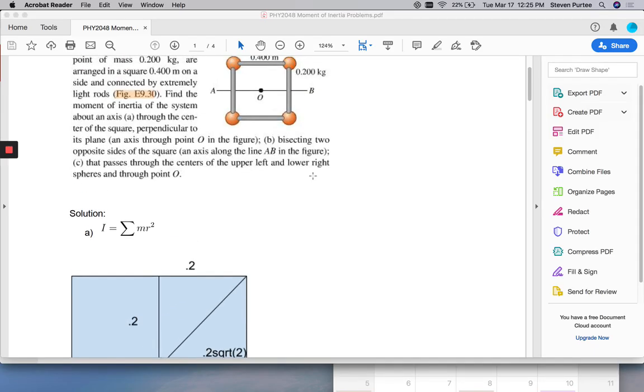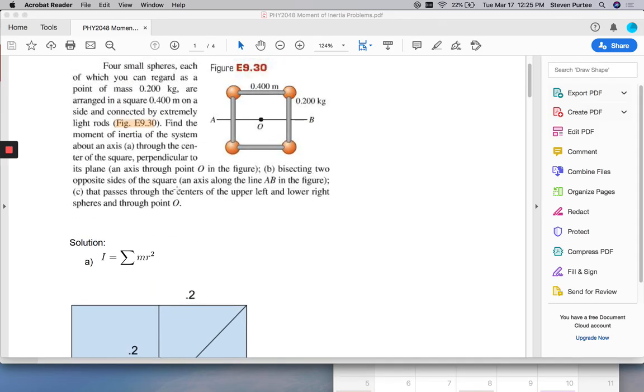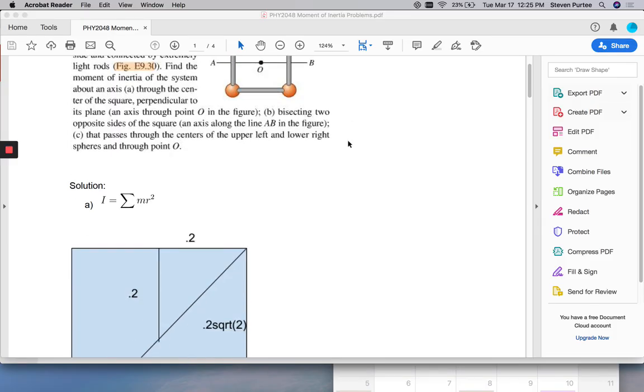Okay, part B, we're now rotating around this line, AB. So the thing is going to rotate around this line. So now my distances from the axis of rotation will be this distance here, which is half the side, 0.2 meters. So all four of these are the same distance away from the axis of rotation.